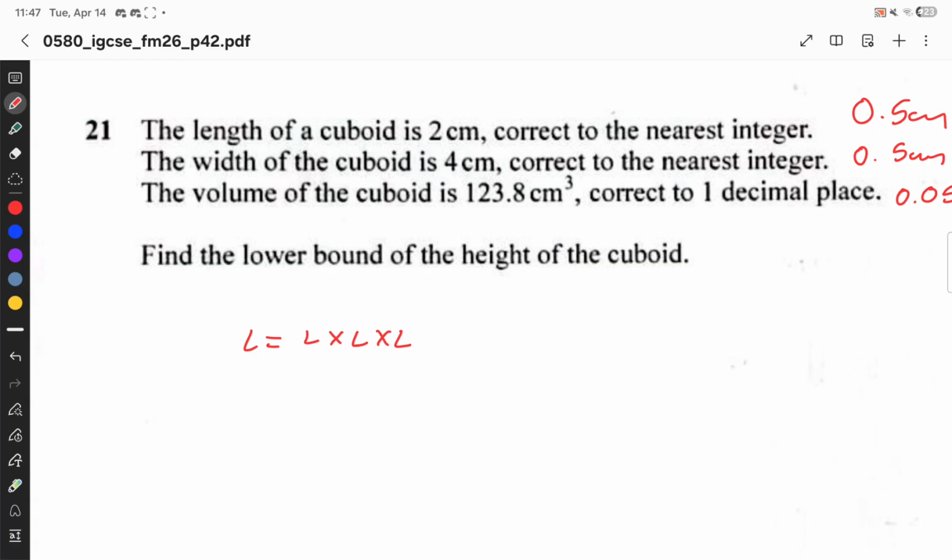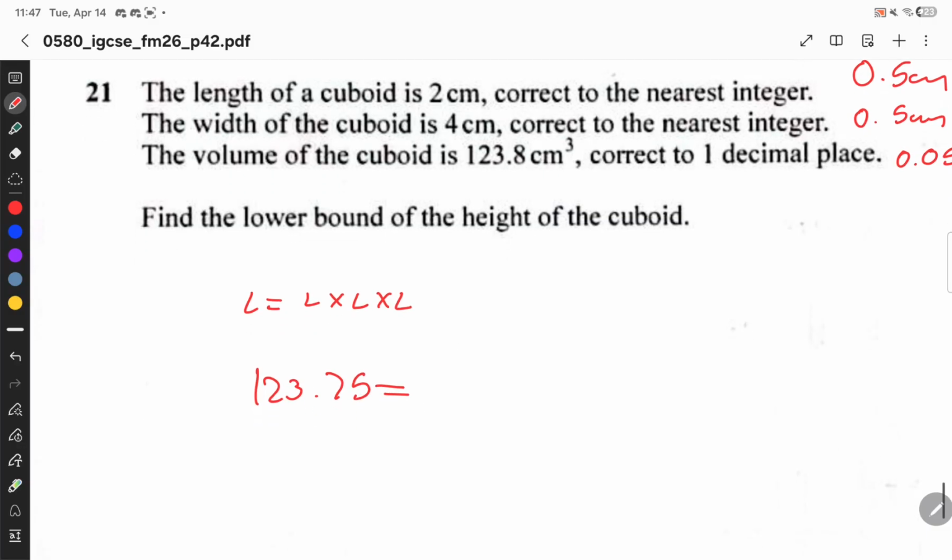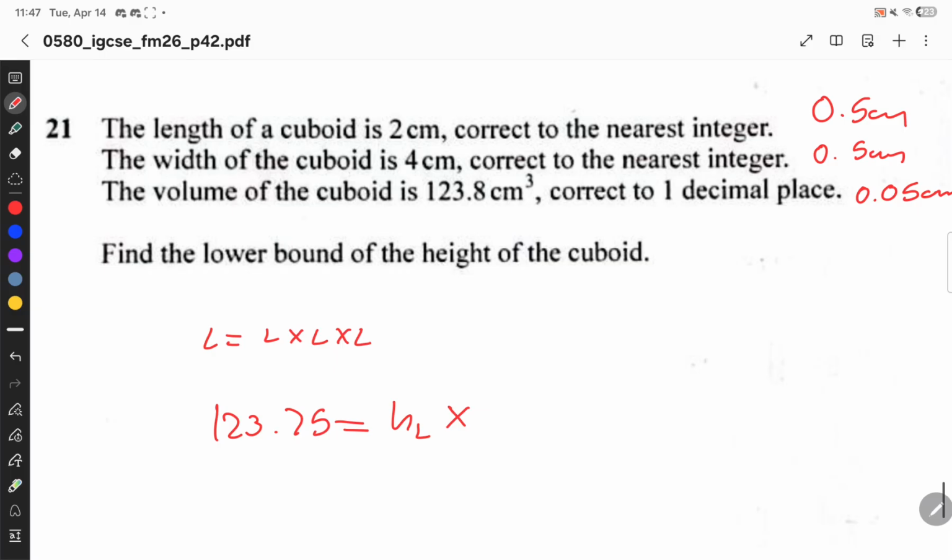12.3, 12.3 minus 0.1 over 2, which is 123.75, is equal to the lower bound of length times 2 lower bound 2 minus 1 over 2, which is 1.5, times 4 minus 1 over 2, which is 3.5.